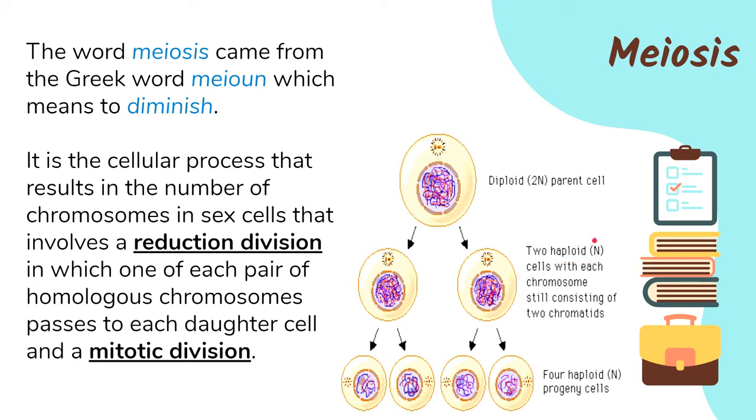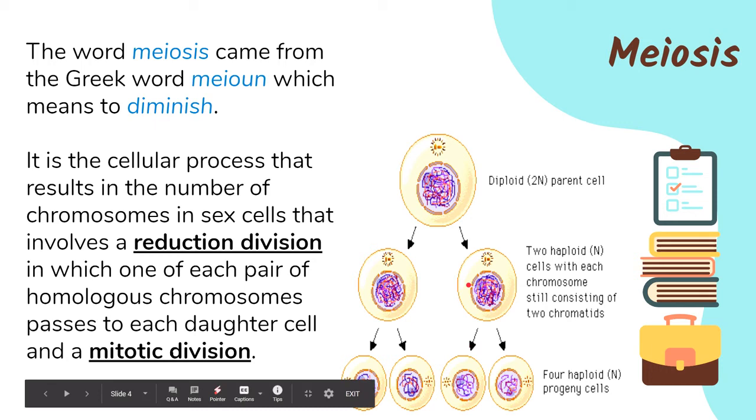Usually you have here 1N, but in other books or resources, just the letter N. It means that they only have one copy of the chromosome set. Okay? So two haploid cells, and then these haploid cells will undergo regular cell division, wherein the haploid chromosomes will further divide into haploid daughter cells, as you can see here. So the product of meiosis is 1, 2, 3, 4, four haploid daughter cells.